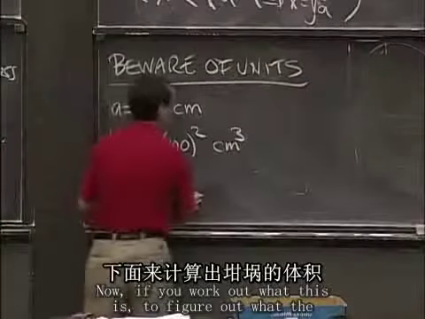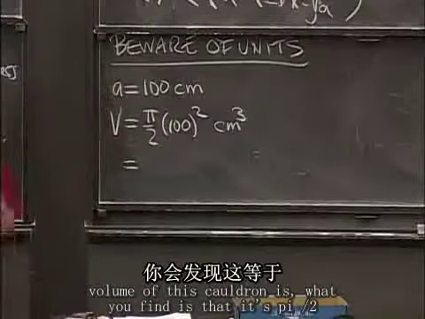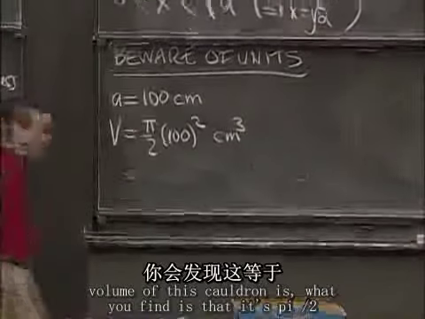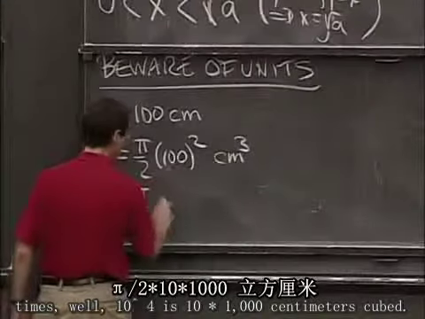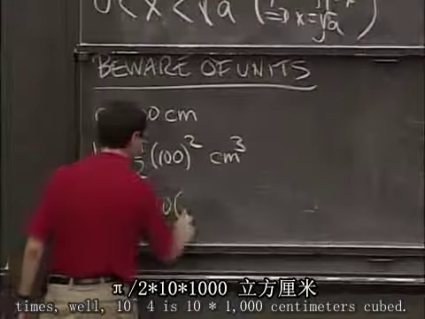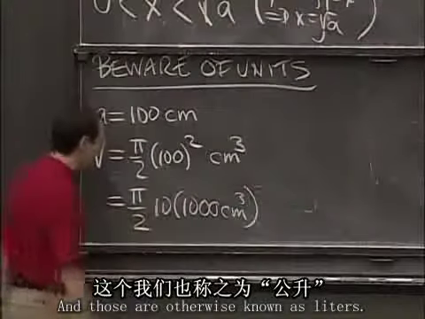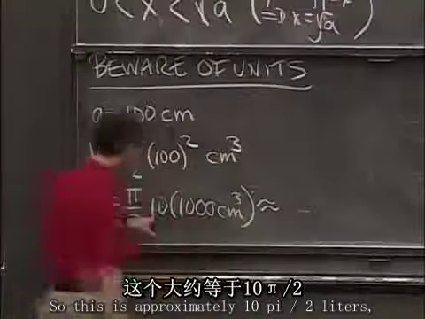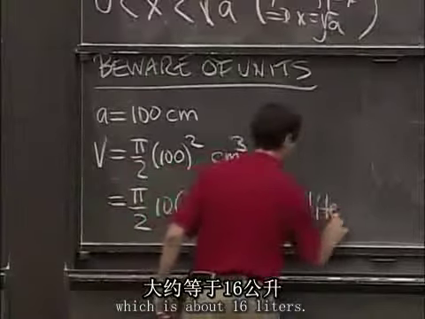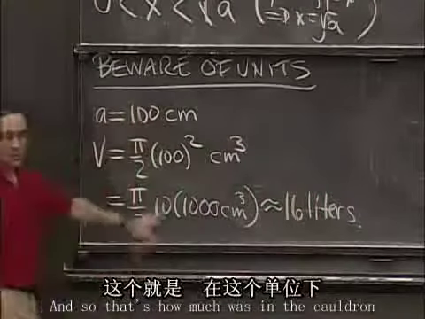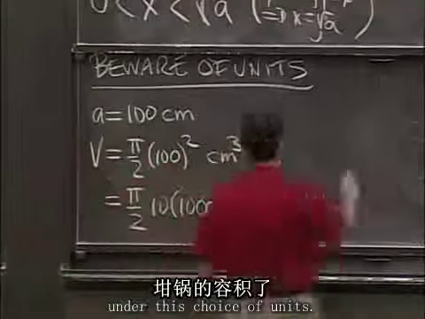Now, if you work out what this is, to figure out what the volume of this cauldron is, what you find is that it's pi over 2 times, well, 10 to the 4th power is 10 times 1,000 centimeters cubed, right? And those are otherwise known as liters. So this is approximately 10 pi over 2 liters, which is about 16 liters. Right, so that's how much was in the cauldron under this choice of units.